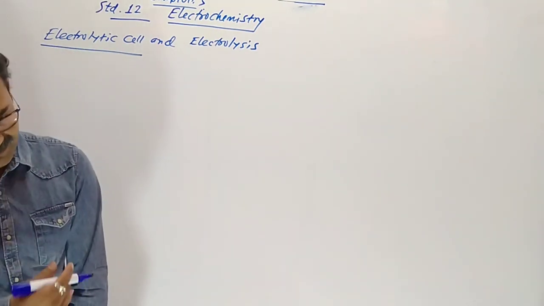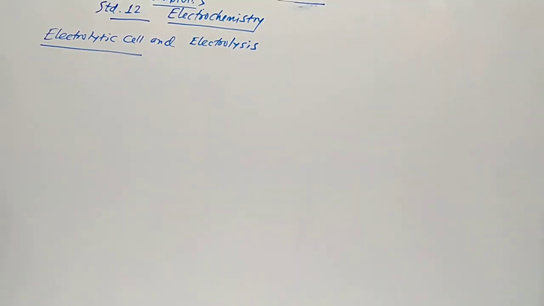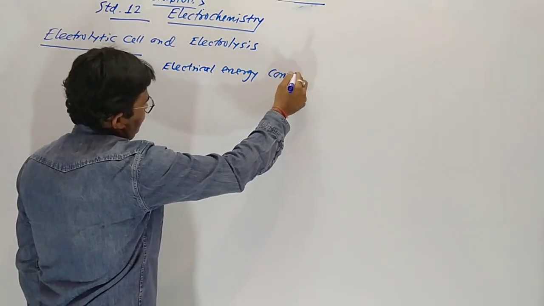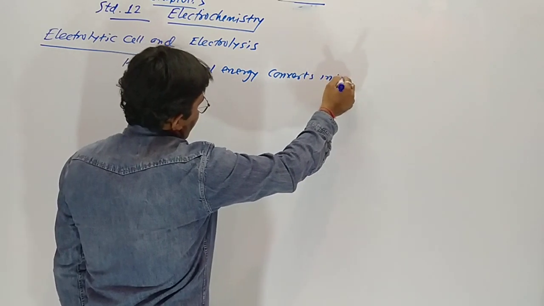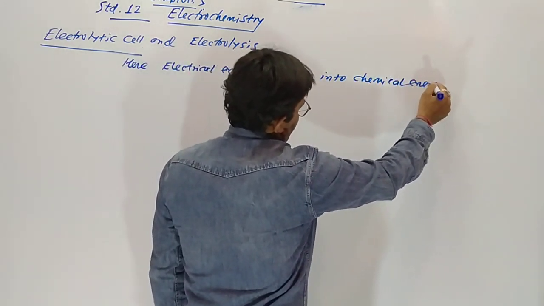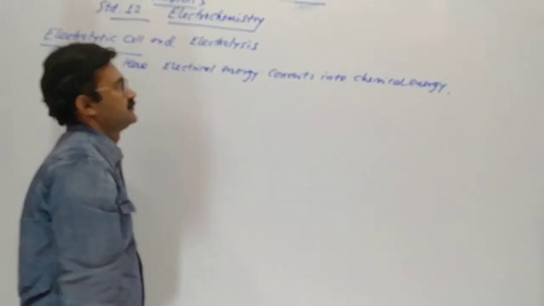Here it is the inverse: electrical energy gives chemical energy. Here, electrical energy converts into chemical energy. Understood?